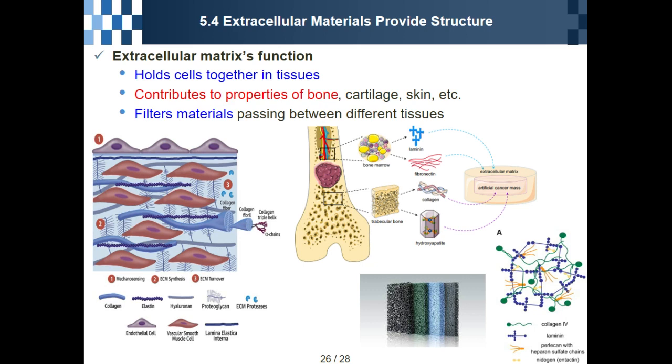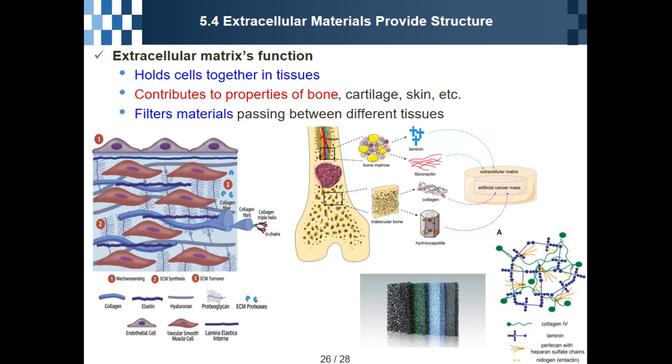And also, this is extracellular matrix. If we see, there are lots of extracellular matrix. They have some holes like this. So it functions as a filter. Filter is like this. So it can filter material passing between the different tissues.